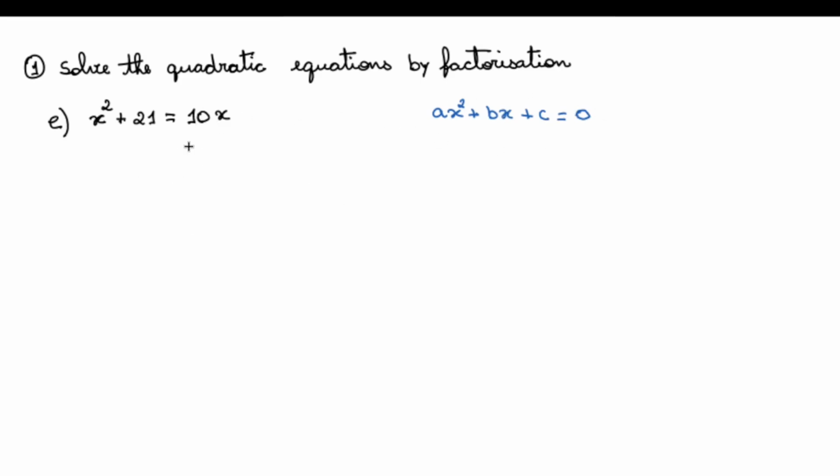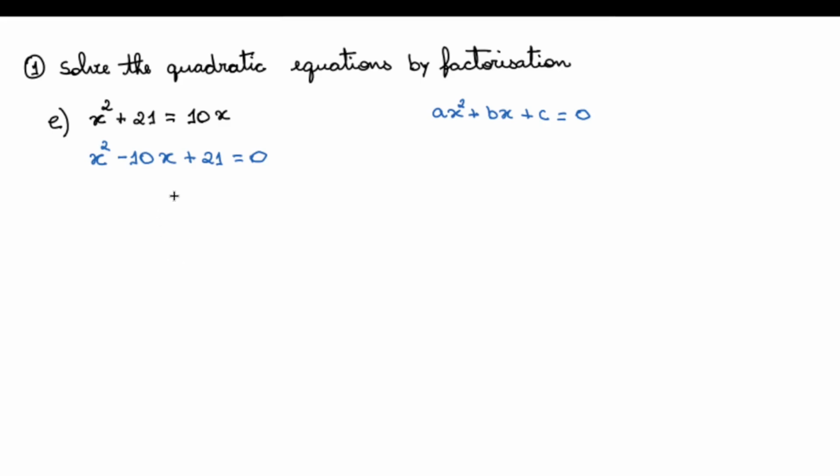To do that, we have to transfer 10x to the left side of the equation: x² minus 10x plus 21 equals 0. And now our quadratic equation is the same form as this one.